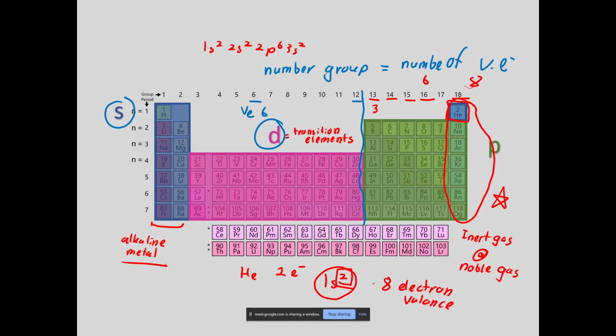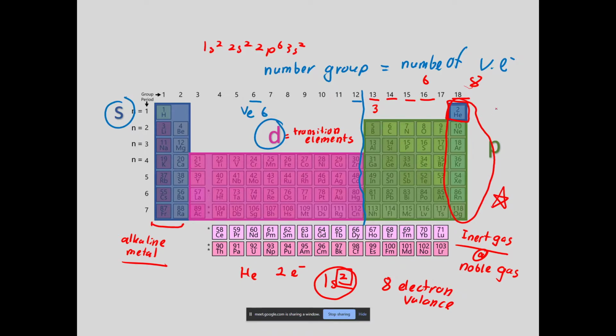Okay, the group 18 is called inert gas sebab kalau boleh dia orang tak nak react dengan apa-apa. Helium memang susah nak react dengan apa-apa. Sebab kalau you guys tengok 1s2 dia adalah orbital yang penuh. So it is a fully filled orbital lah untuk sini. So anything yang duduk sini dia orang dah stabil, dah memang suka duduk macam ni.